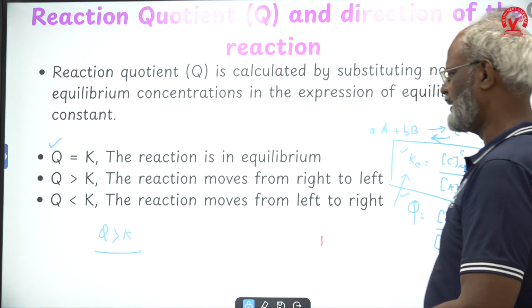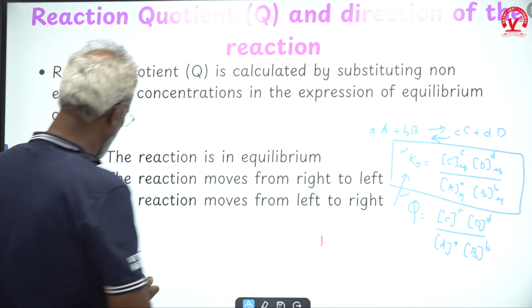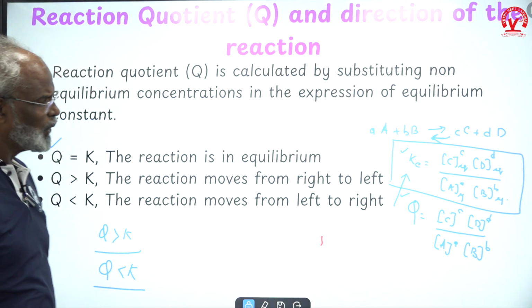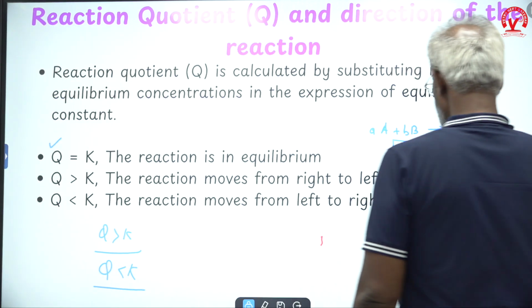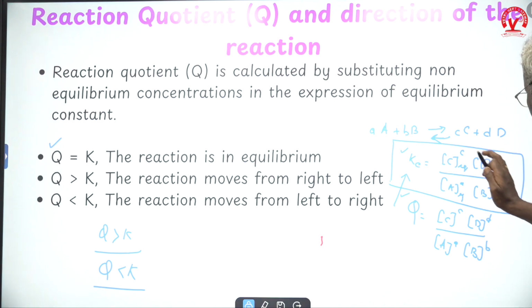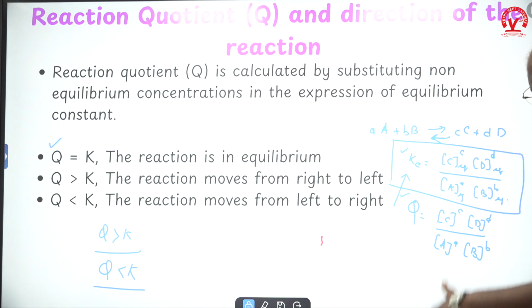Similarly, if you calculate a value of Q which is less than K, now the Q value is less. Ultimately it has to attain Kc, so now Q has to increase. When will Q increase? Only when the C and D concentrations increase or A and B decrease. That will happen in the forward direction.